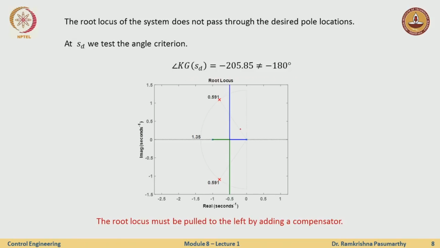If I do not know how to plot, I do not have MATLAB with me, I will just check what is the angle, right? So I am looking at the given dominant pole, and I will always denote this as s_d. Okay, now does this lie on the root locus of the closed loop system?